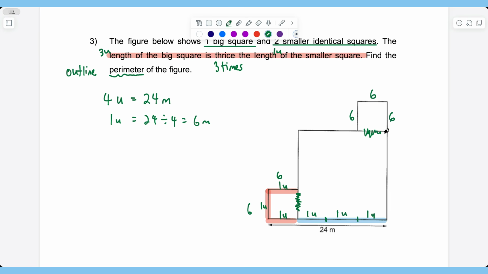Now let's consider the big square. What's the length of the big square? The length of one side is 3 units, right? So now let's find 3 units. 3 units will be 6 times 3, which is 18 meters.